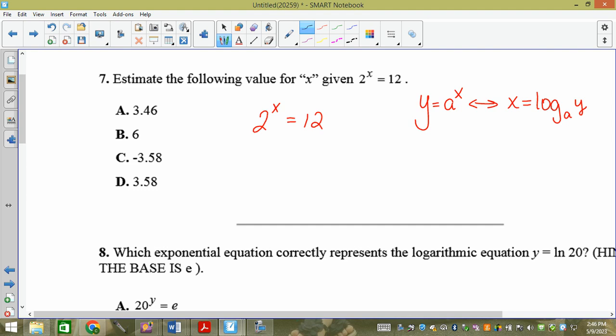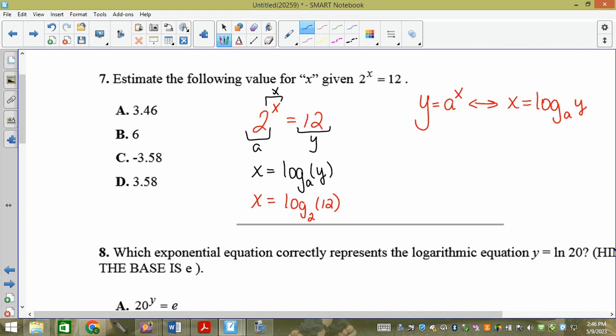So we're going to get y equals a to the x. And then we get x equals log base a of y. And so we get x equals log base 2 of 12. Everyone type that into your calculator. Some of you can type it in straight like that.